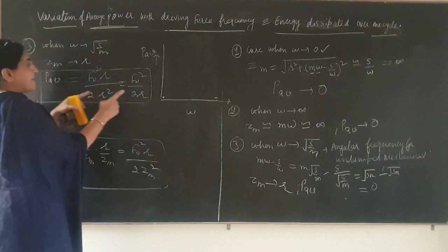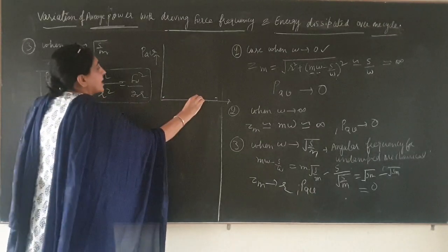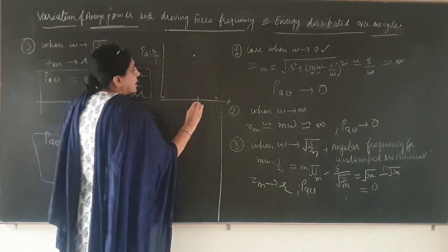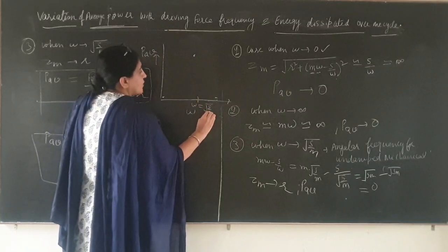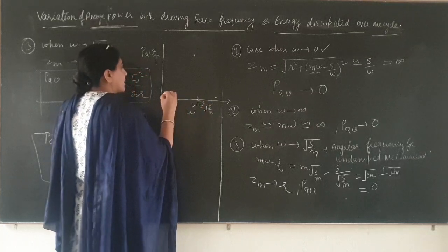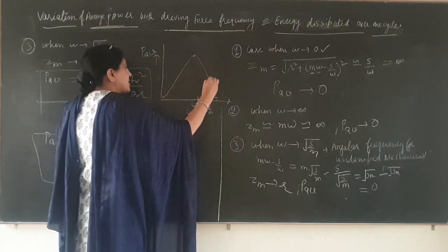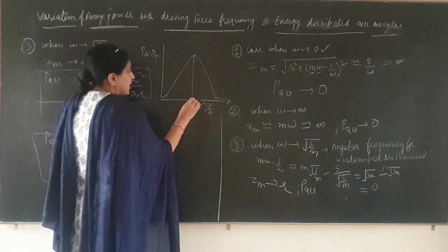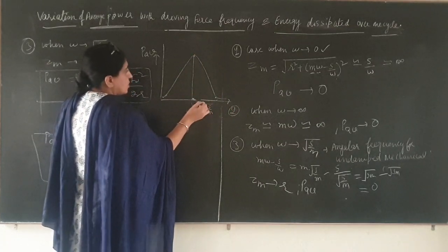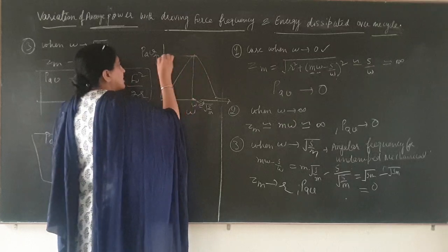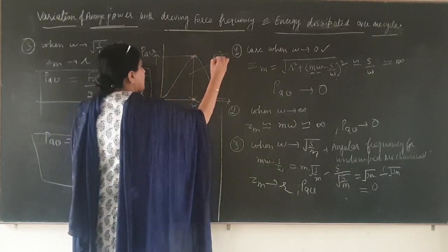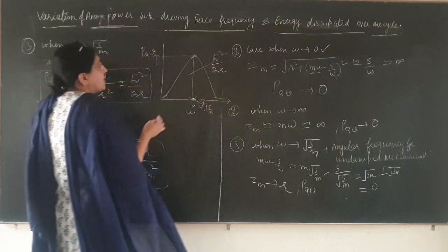And next, the average power has a maximum value. Where? At omega equal to the square root of s over m. So this point is the square root of s over m. When we join these points, this graph is very symmetrical. This length up to here is F naught square upon 2R, the maximum power.